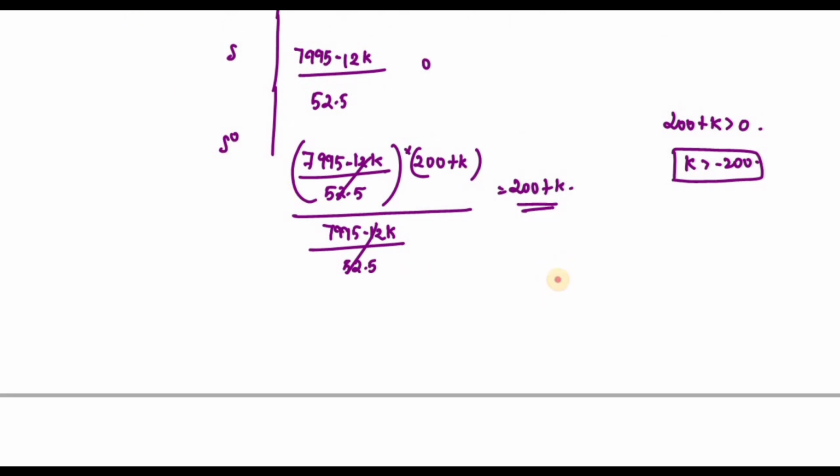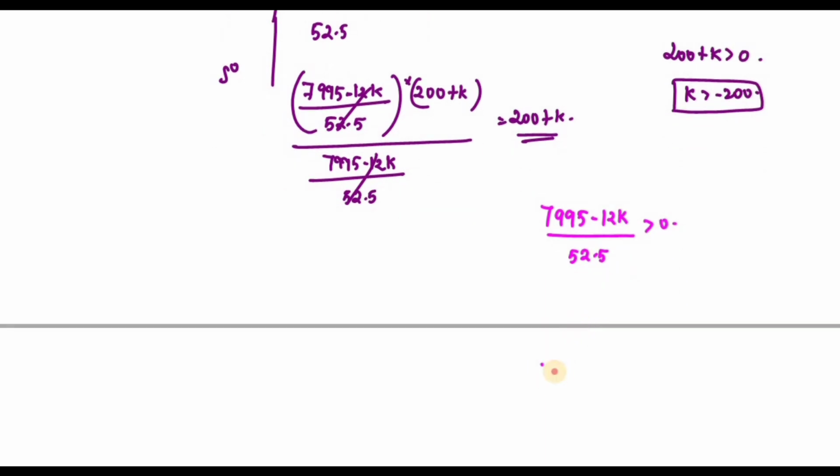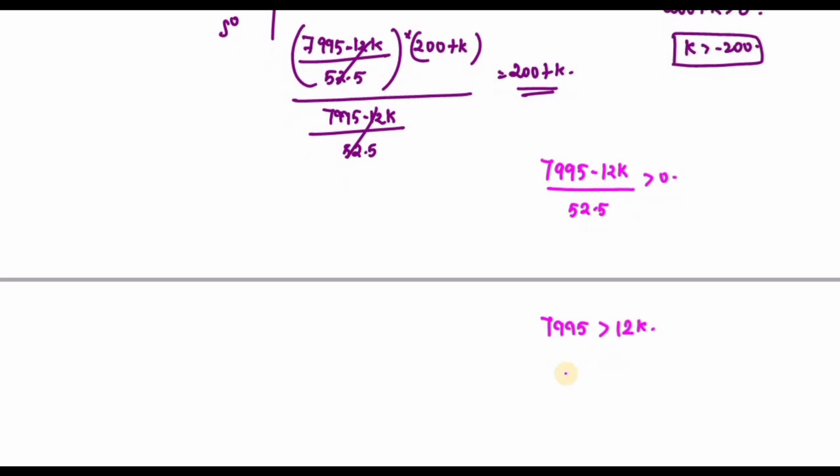Now I'm going to take 7995 minus 12K divided by 52.5 greater than 0. If I solve, I will get 7995 greater than 12K. So 7995 divided by 12, you will get the answer as 666.25.